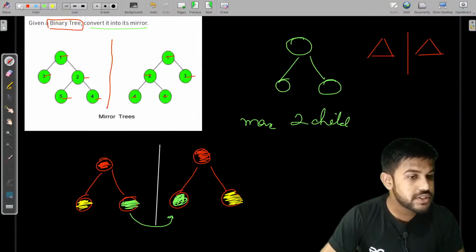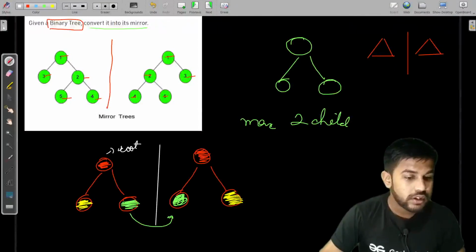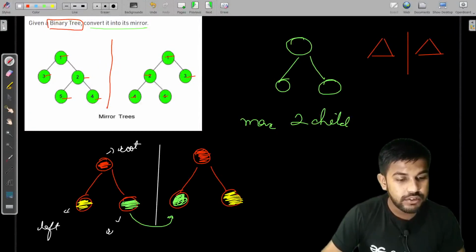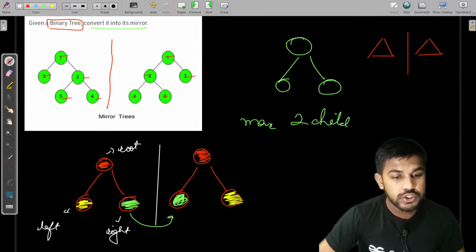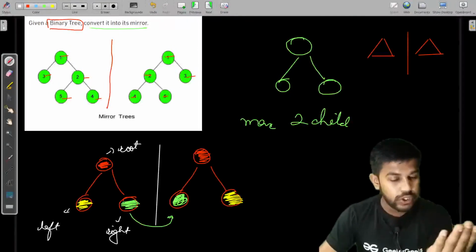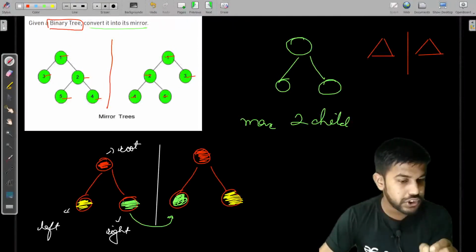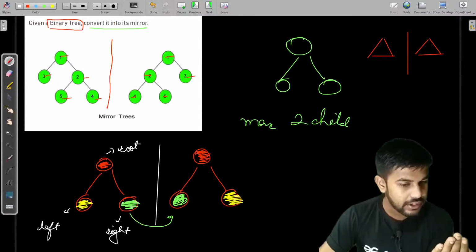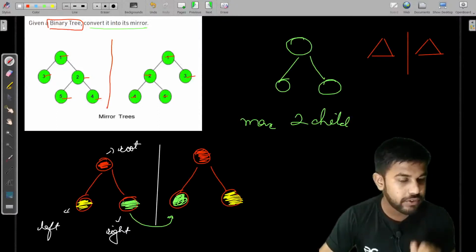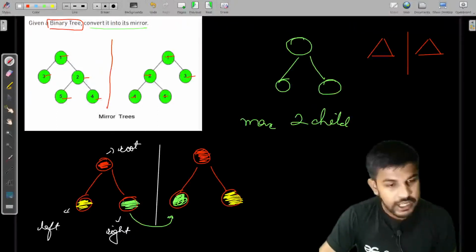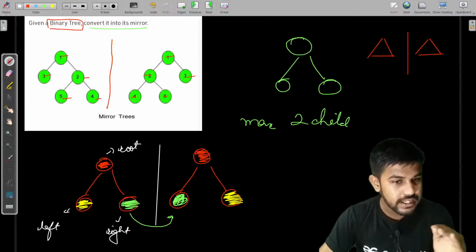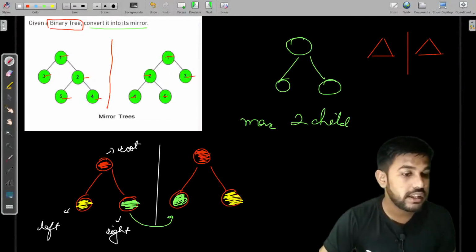What is the observation, Siddharth? I would explain. This was the root, this was the left child, this was the right child. As you can see, the root remained at the same position, but the left and the right child got swapped with each other.